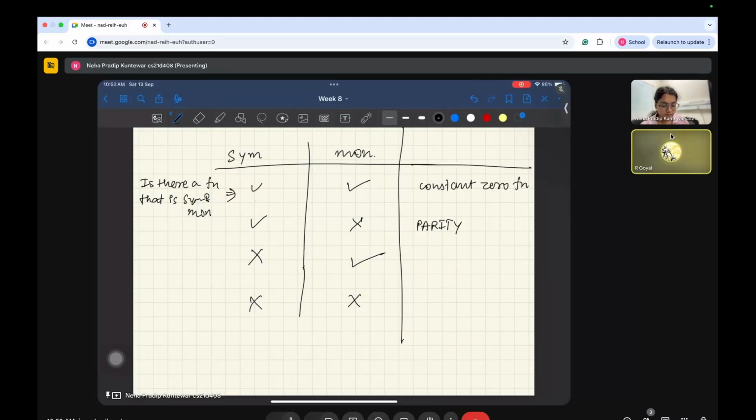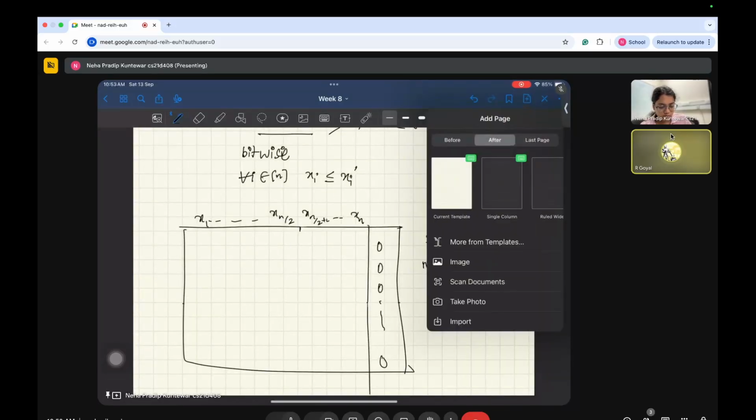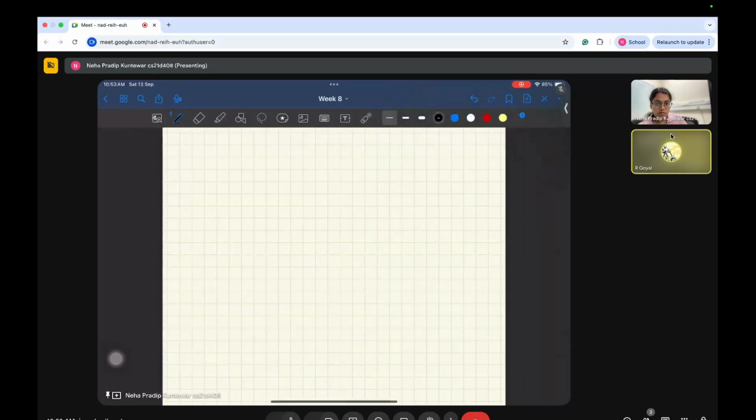The number of ones is not preserved. So we can think of any monotone function which is not symmetric, and this will hold true. If a function is monotone, it need not be a symmetric function.